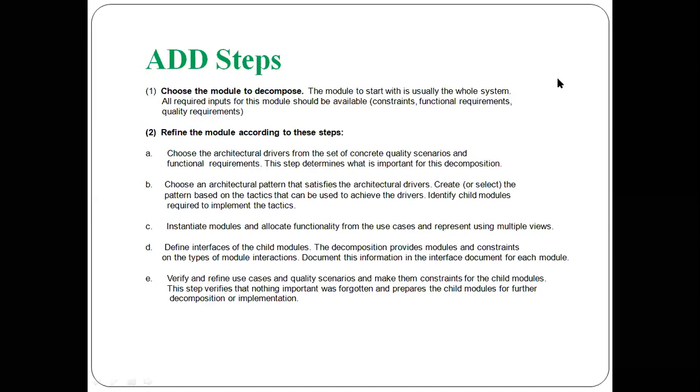Coming to the second part, first of all we need to identify the child modules to implement some quality designs. Child modules means the main module can be divided into a number of small modules.